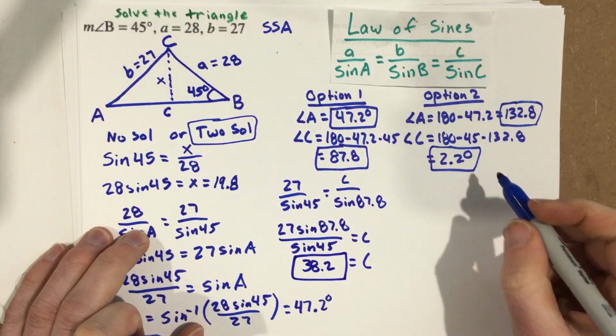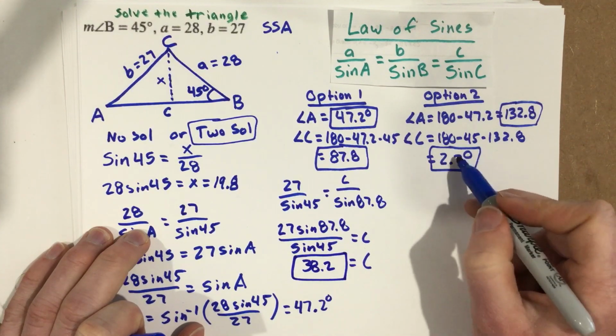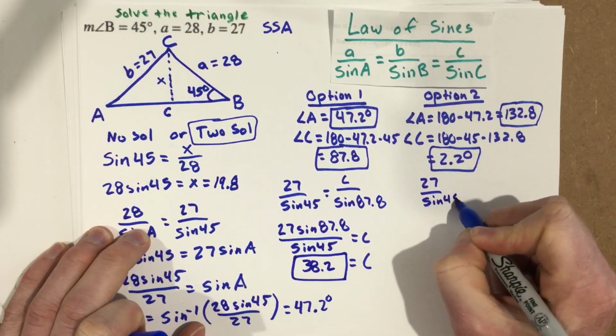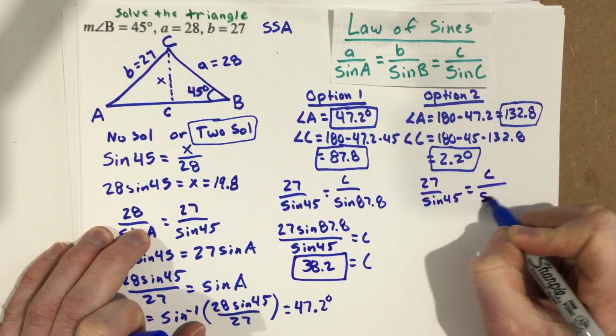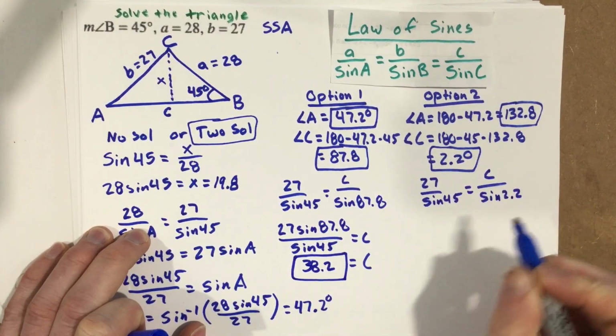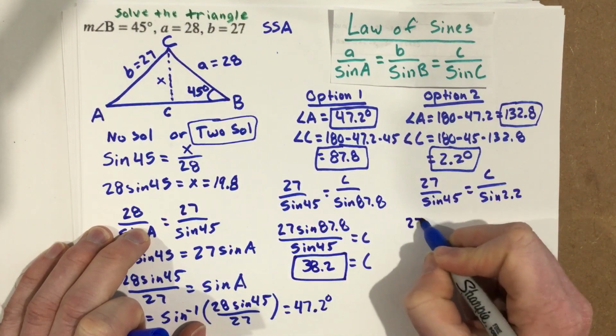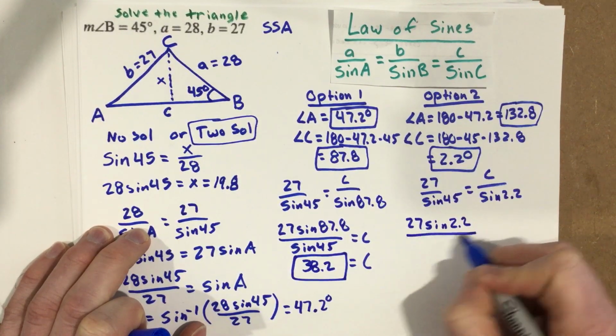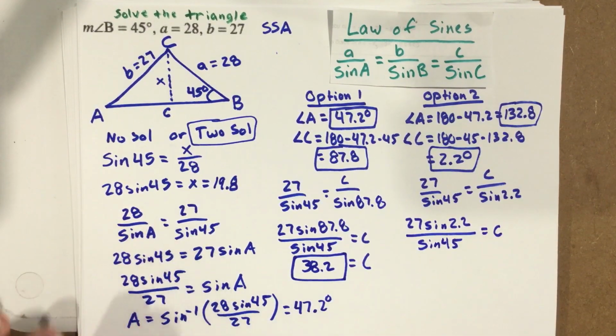Do the same thing over here, except use the 2.2 for angle C. So we're going to say 27 over sine 45 equals C over sine 2.2. Cross multiply, we get 27 sine 2.2 divided by sine 45 equals C. Let's plug that in. 27 sine 2.2 divided by sine 45.